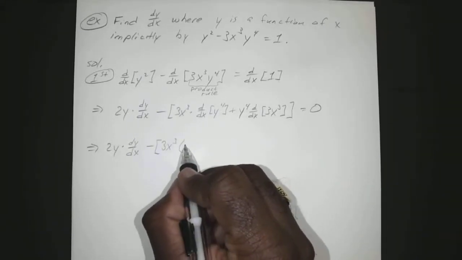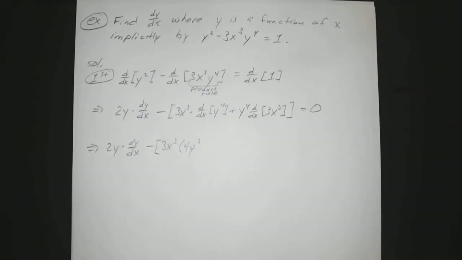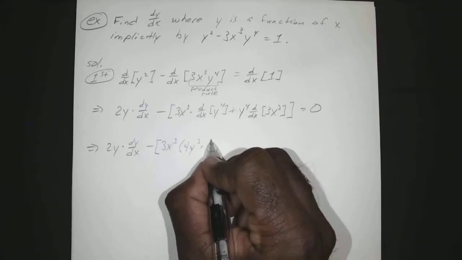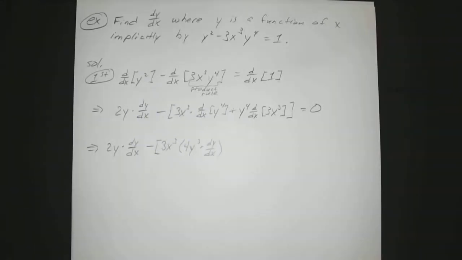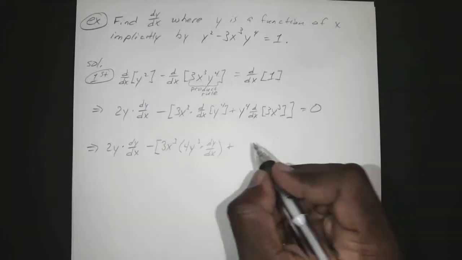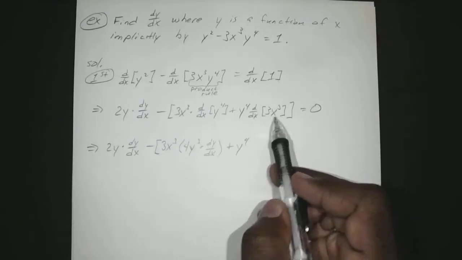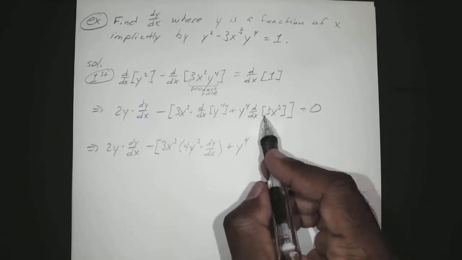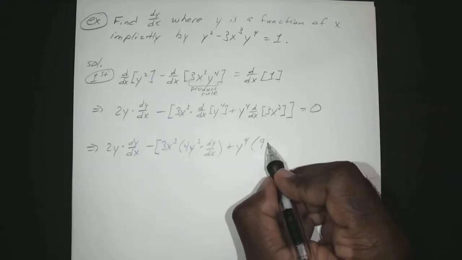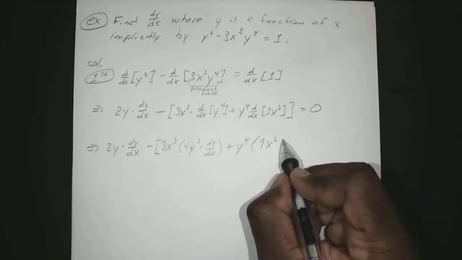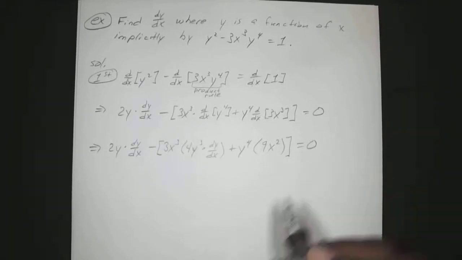Bring down your 4, and you subtract 1, times your dy/dx. Okay, plus y to the fourth, derivative of 3x to the third with respect to x, since they're both x functions. You just bring down your 3, which makes that 9, and subtract 1 from it, equals 0.